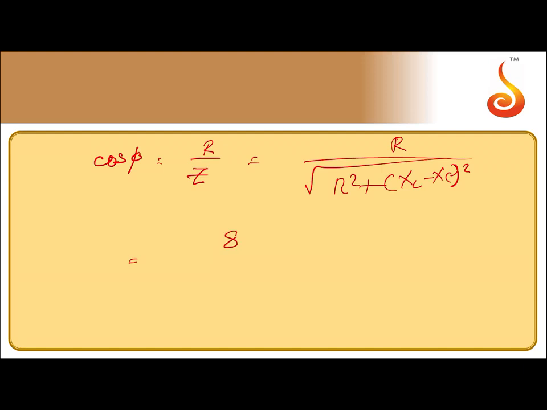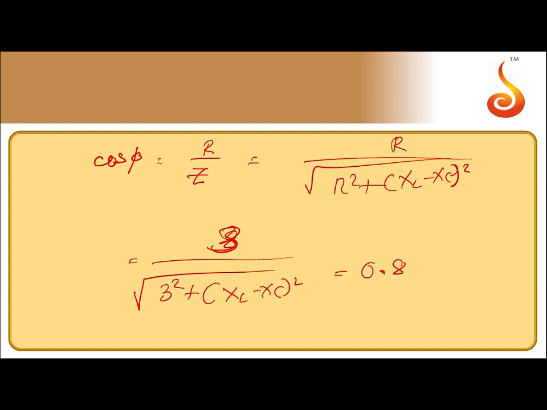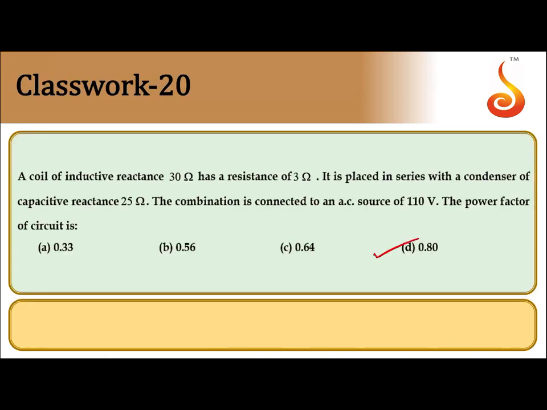The resistance is 3, so 3 divided by root of 3 square plus XL minus XC square. What is the value of XL minus XC? 30 minus 25. So this is going to be XL minus XC whole square, and upon simplification you get 0.8. So the power factor is 0.8.